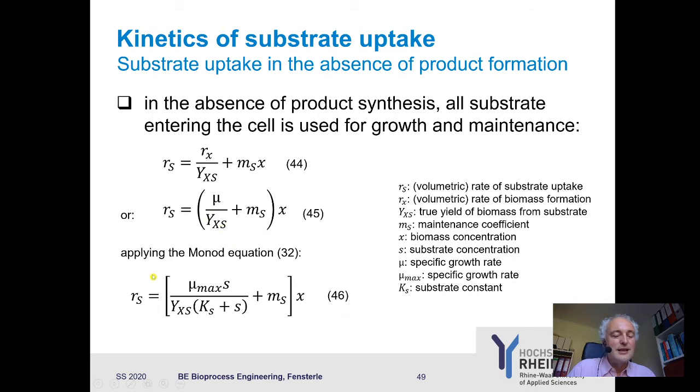We can then have this equation where we can calculate our Rs based on our maximum specific growth rate and based on the yield coefficient of the formation of biomass per substrate concentration. So this is the equation if I have no product synthesis.